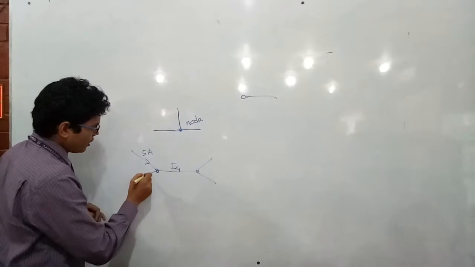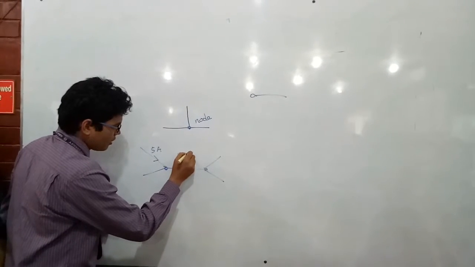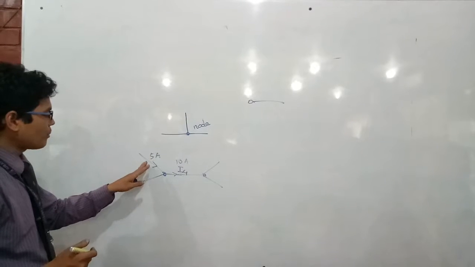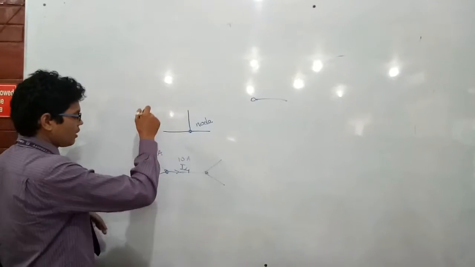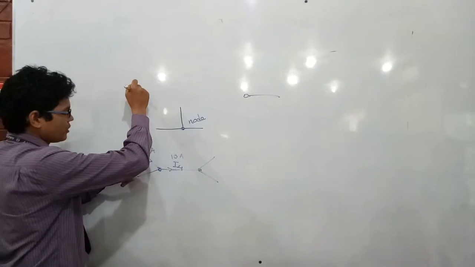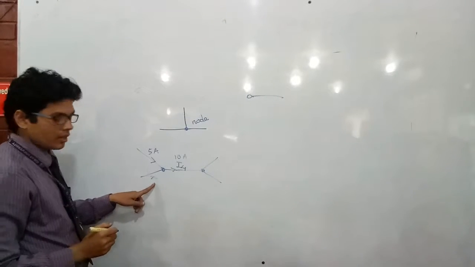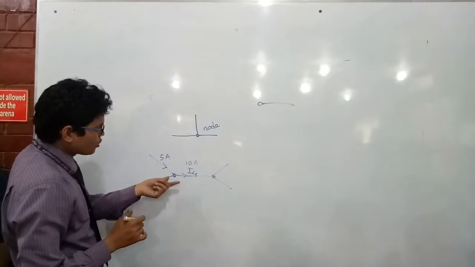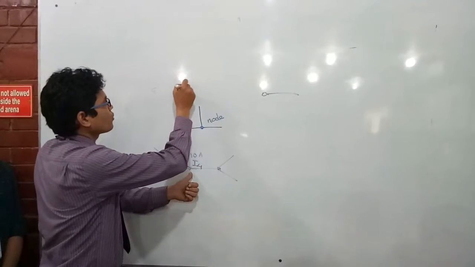If it is 10 ampere in this direction, then at this node the sum of incoming current should be the sum of outgoing current. I don't know the value of x right now, or its direction. So 10 ampere is outgoing.